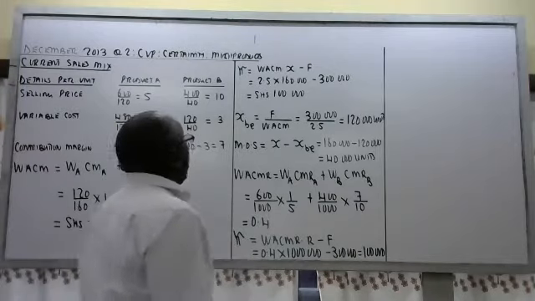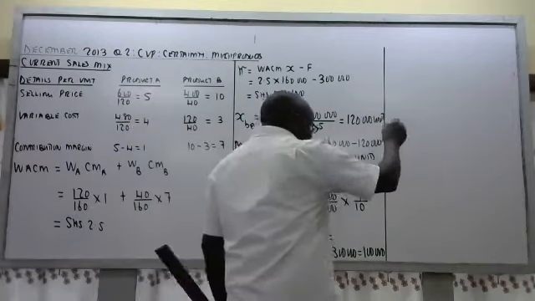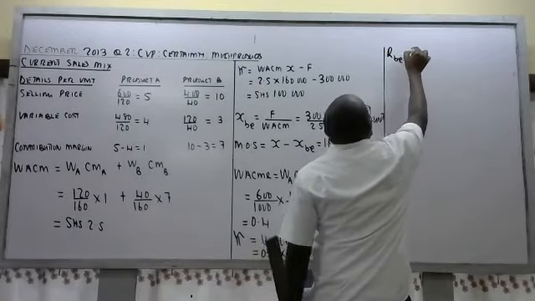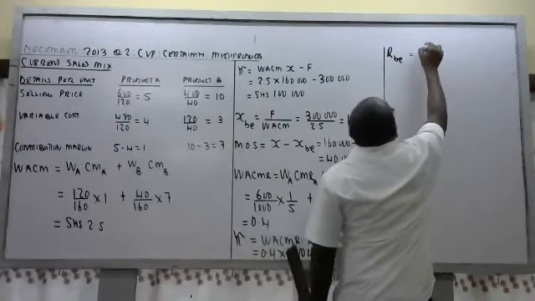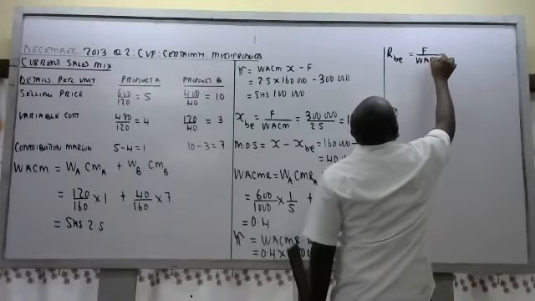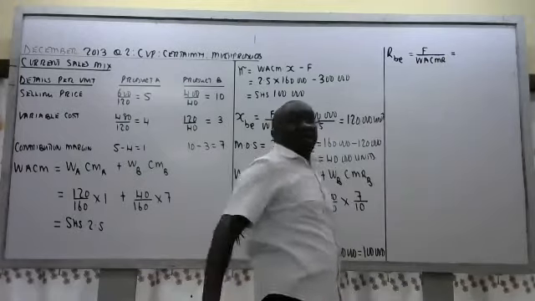Okay, so that is okay. Then if you are told to get the break-even point in revenue, RBE, it is F divided by WACMR.